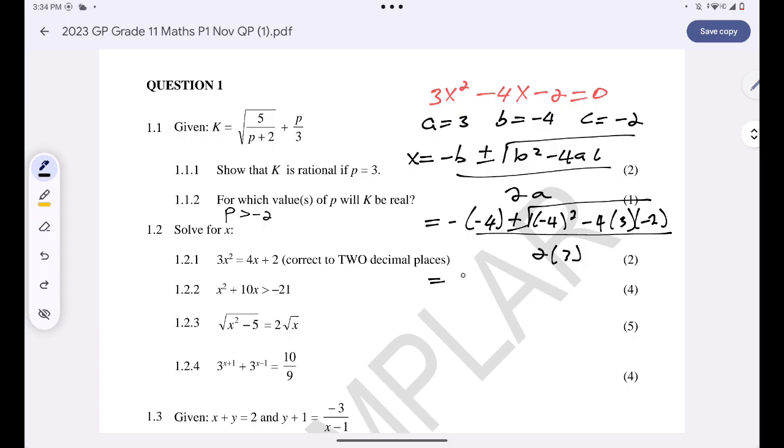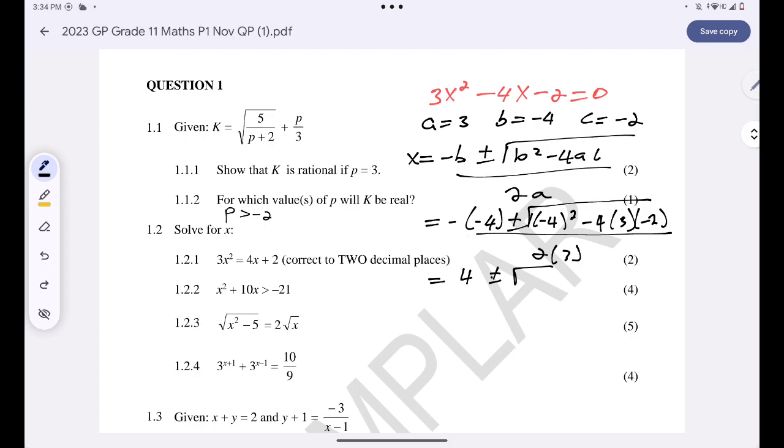So this will give me 4 plus or minus the square root of, inside the brackets, 16 plus... I think it's 16 plus 36. Okay, let me just punch my precious calculator.